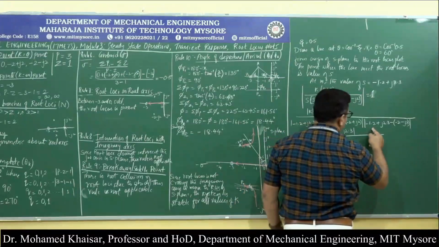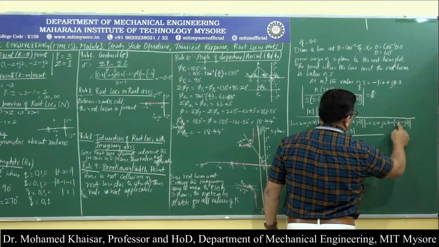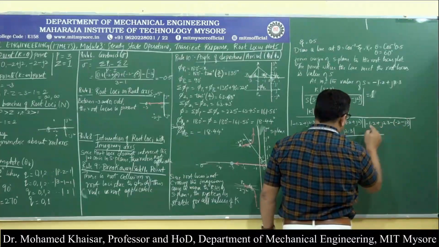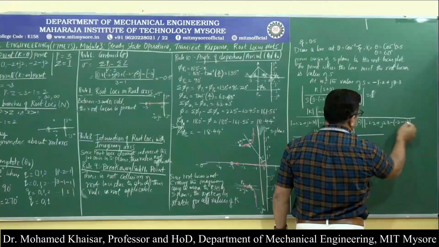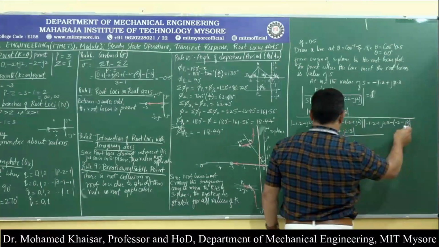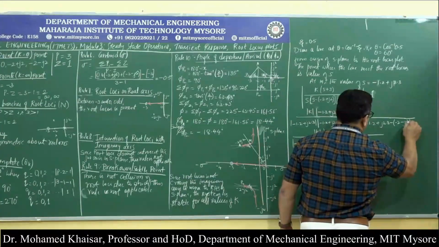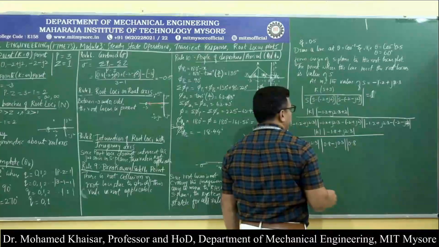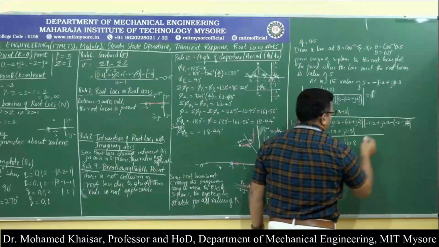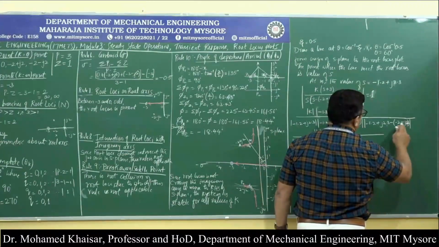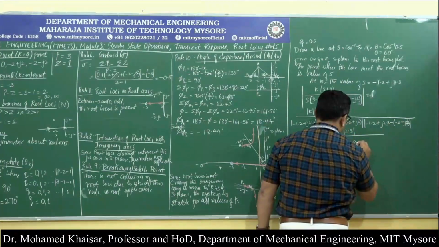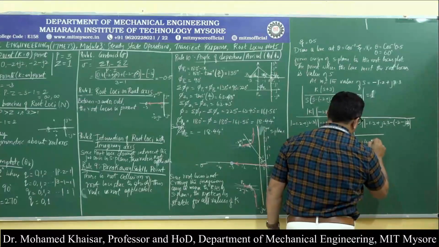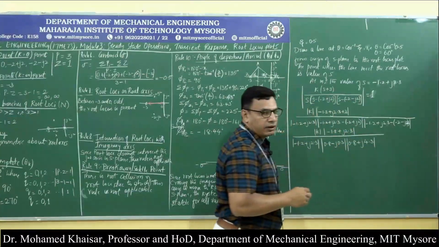Then for this again 0.8, then plus j2.3 minus, sorry, this is to be j2. So this will give us 2.3 plus 2 that is 4.3, so j into 4.3. This is what we are going to get.